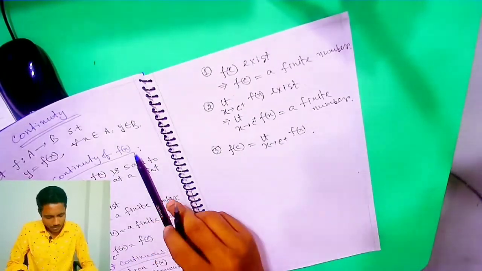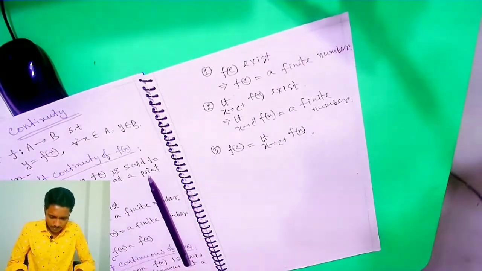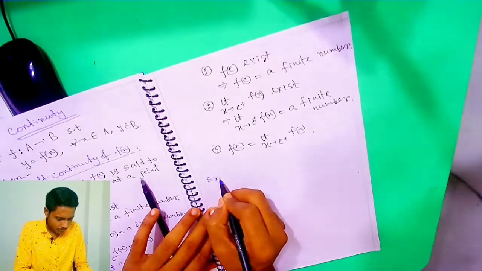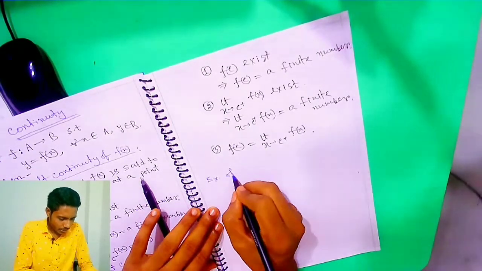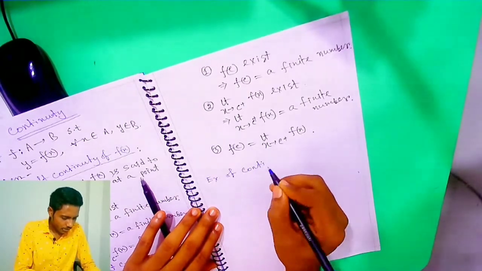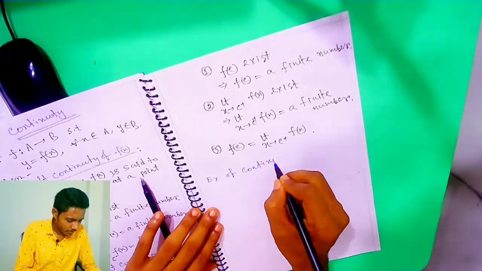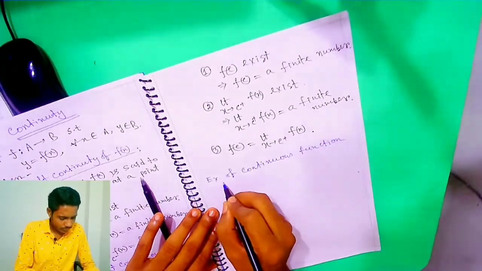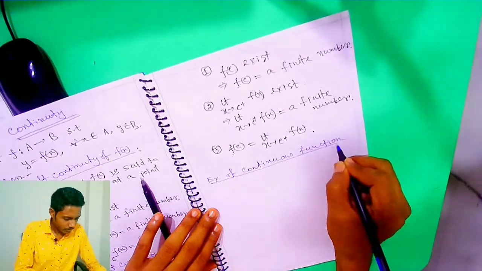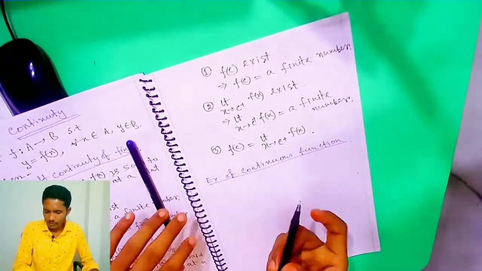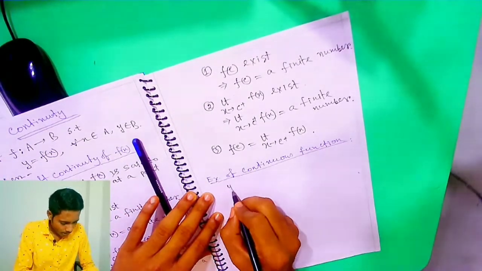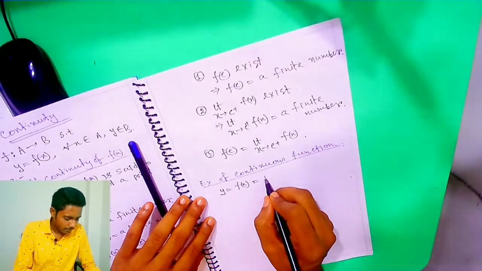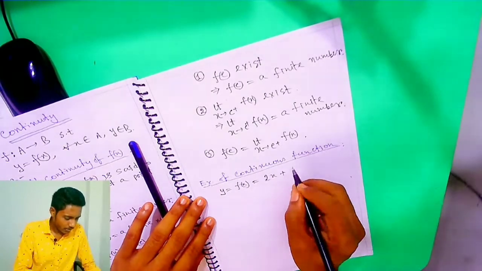Now, if we take an example of a continuous function, y is equal to f(x) is equal to 2x plus 4.